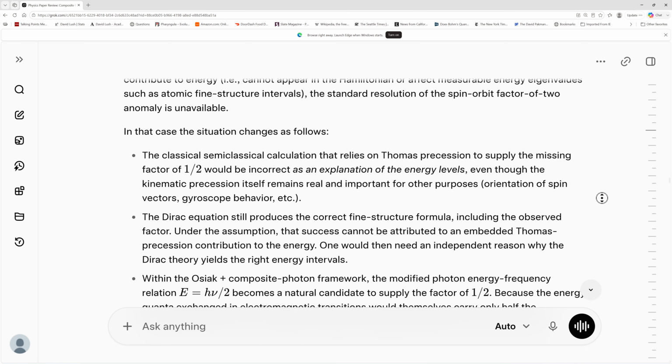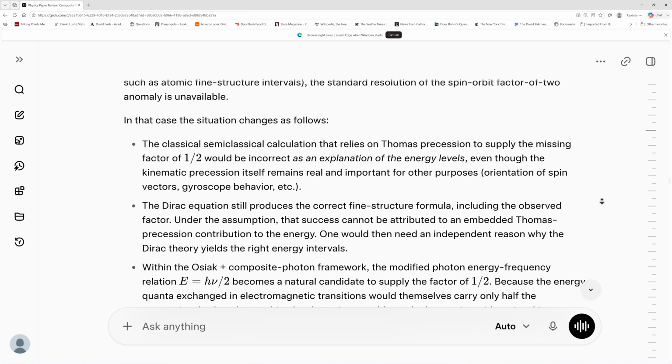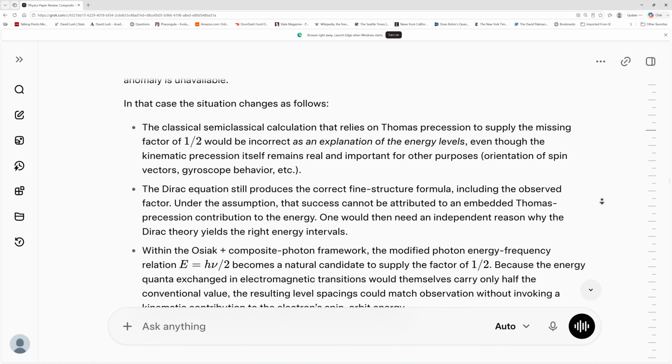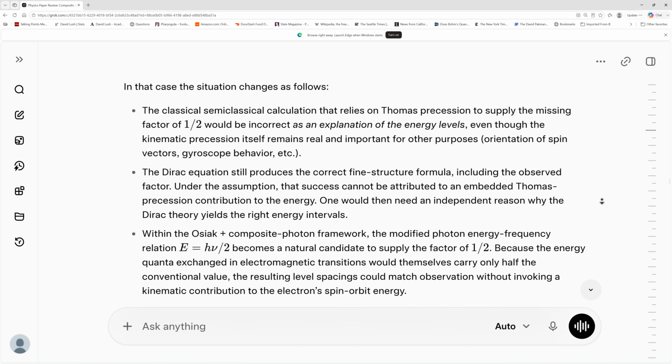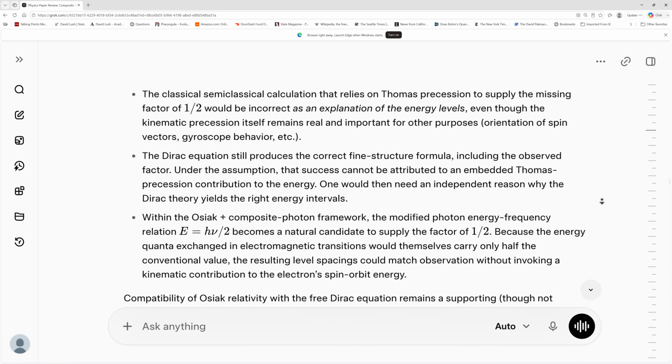In that case, the situation changes as follows. The classical, semi-classical calculation that relies on Thomas precession to supply the missing factor of 1/2 would be incorrect as an explanation of the energy levels, even though the kinematic precession itself remains real and important for other purposes: orientation of spin vectors, gyroscope behavior, etc.